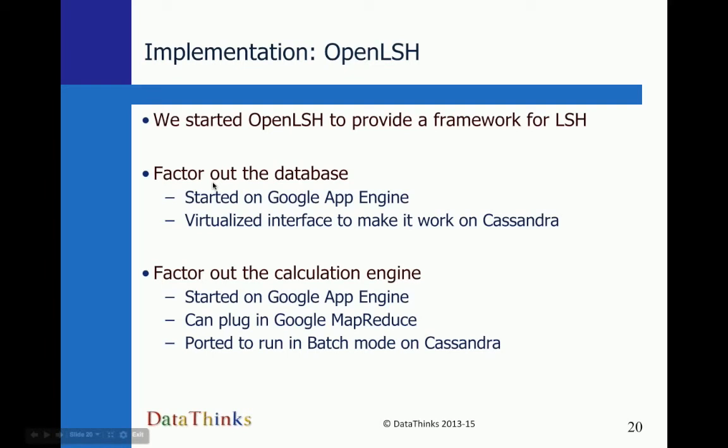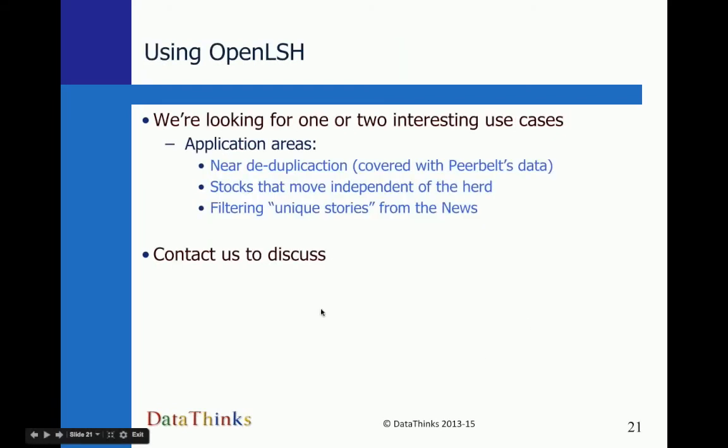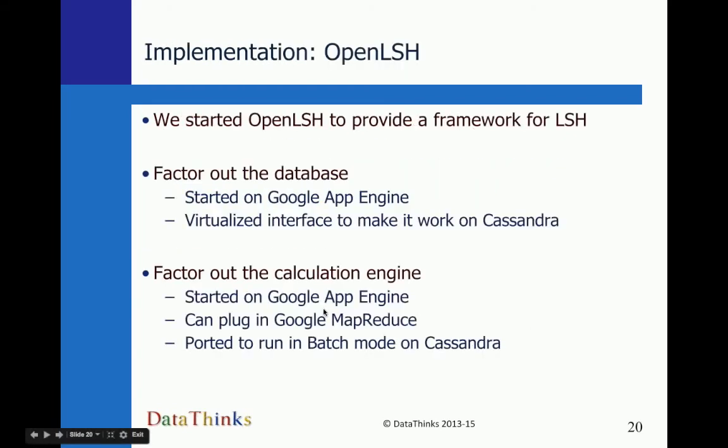Jay did a lot of good work over the fall, taking our prototype LSH implementation and scaling it to use Google MapReduce and Google App Engine. Then we ported that to run in batch mode on Cassandra, and that worked quite well as well. All of this is implemented in our OpenLSH repo.